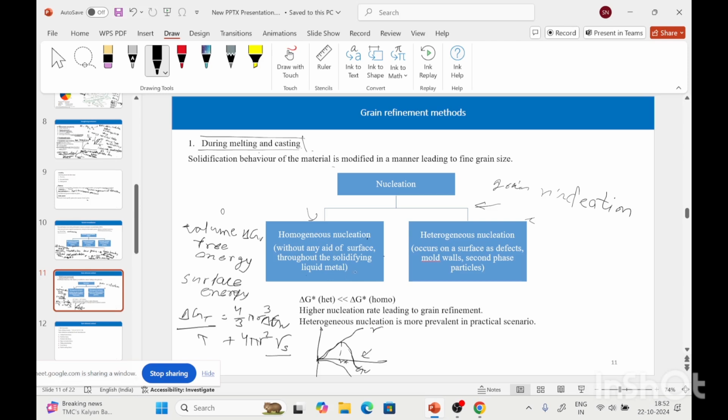Homogeneous nucleation is very difficult because there is no surface for the nucleation. In heterogeneous nucleation, the interfacial energy associated with the nucleus and the second phase comes in, so the relation between the interfacial energies leads to less energy being required for nucleation.